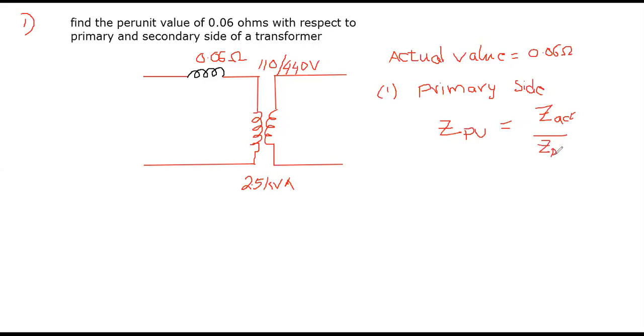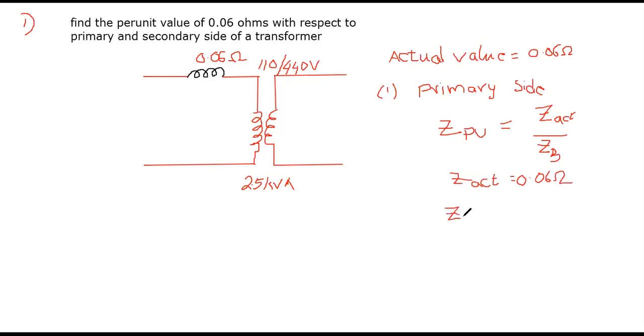Now how do we obtain Z actual? Z actual is already given. Z actual is equal to 0.06 ohms. Now you need to determine Z base.